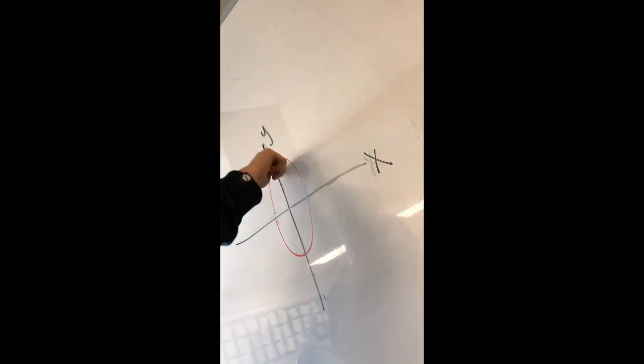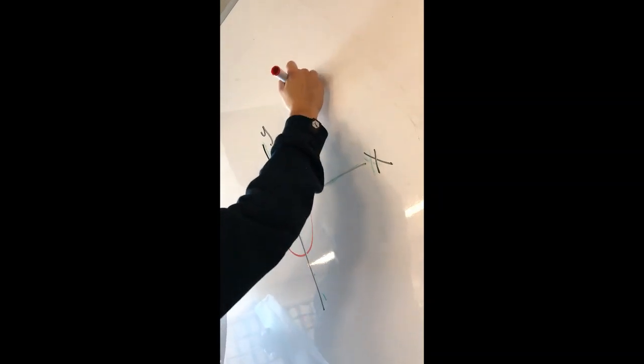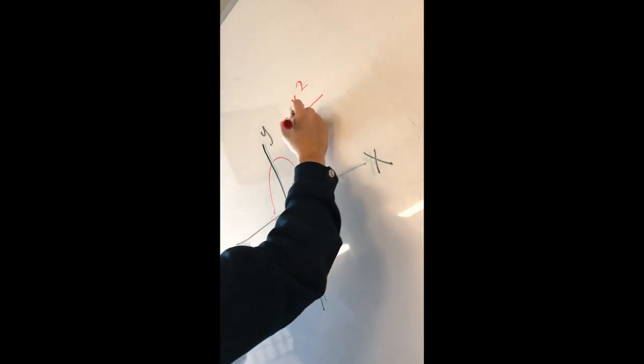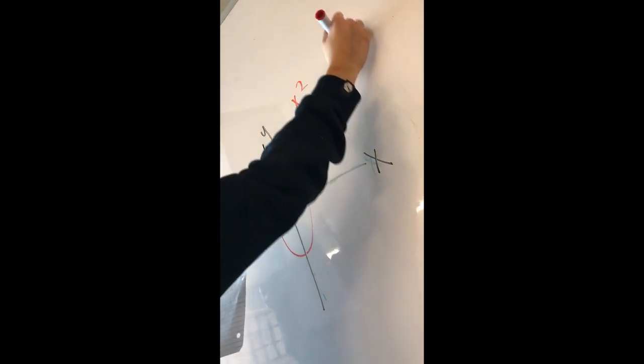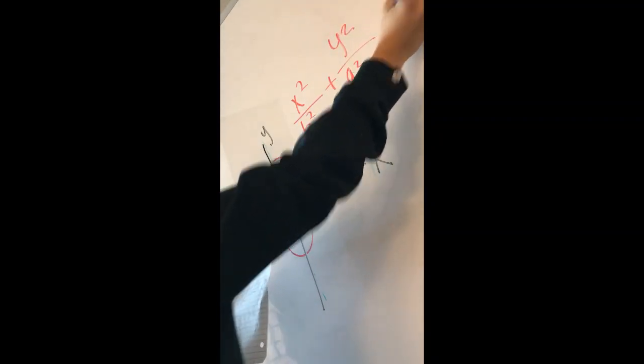So the major is once again the fat part of the oval, and my major is on the y-axis this time. As I aforementioned, the only difference in the equations is that you switch a and b. So x squared, and a and b are numbers, and I will show you an example later. So x squared over b squared plus y squared over a squared equals 1. I lost my voice there for a second.